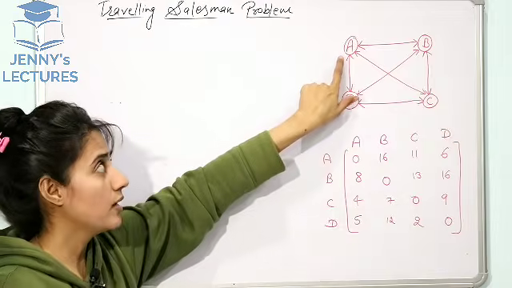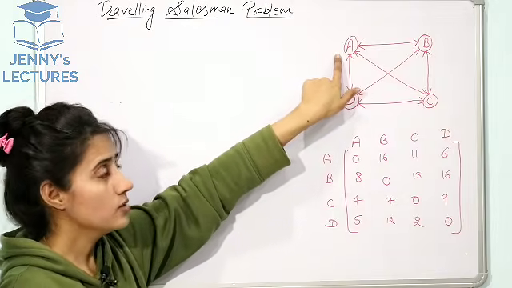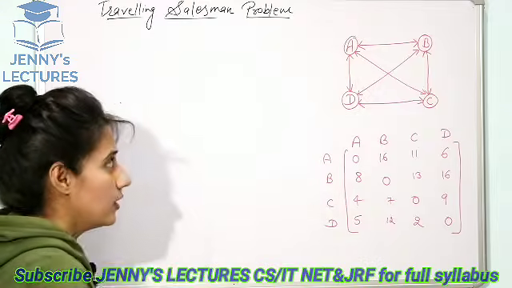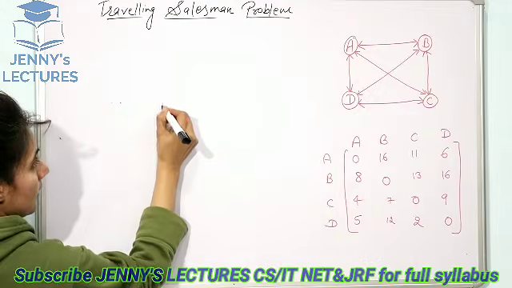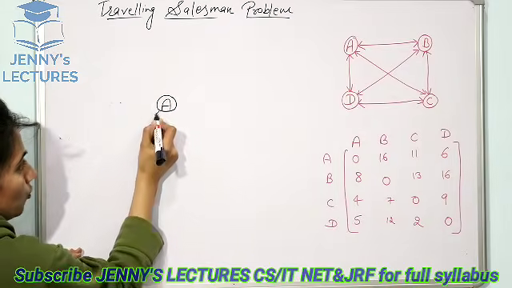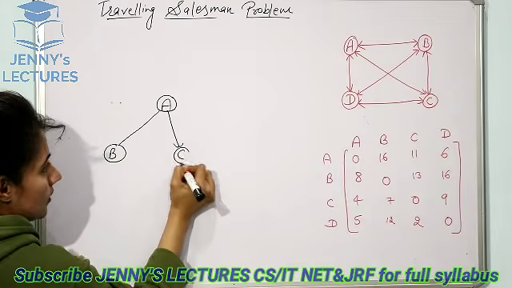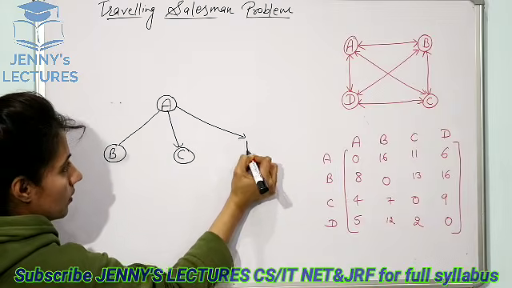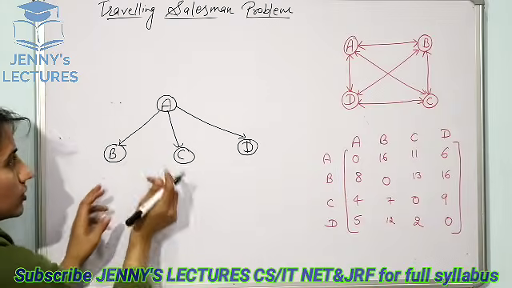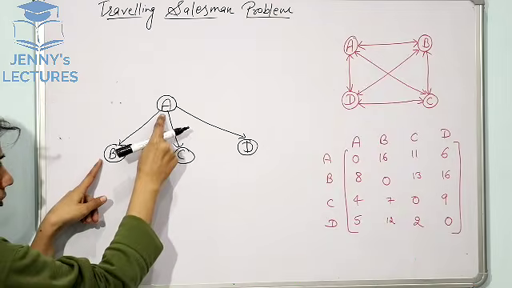The salesman will start traveling from this vertex A. Now from A, where can he go? He can go to B, or C, or D. He has 3 choices. Now let us suppose he is going from A to B.